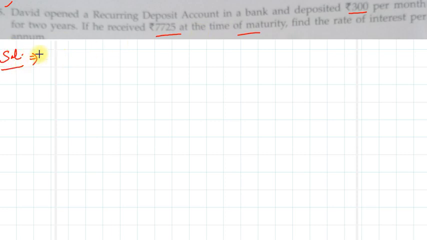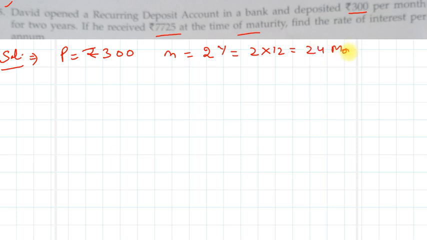So opened recurring deposit P equal to rupees 300 and N is equal to 2 years. So 2 years would become 24 months.